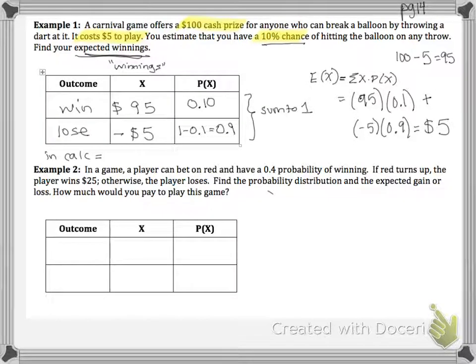we would put x in L1 and p of x in L2. So I can give you a second, or you can pause this video and go ahead and do that. And then remember, what we would do once we enter that information is we would go to one var stats, which in the notes video, I remind you of the steps to get there in the calculator.